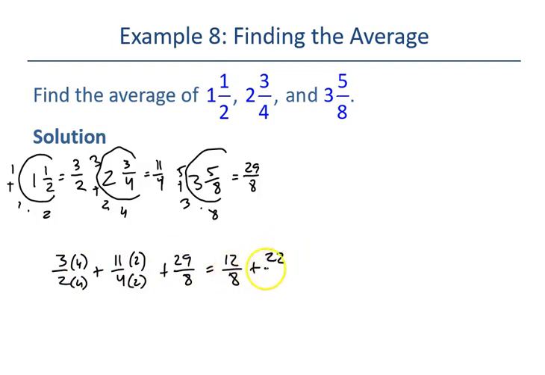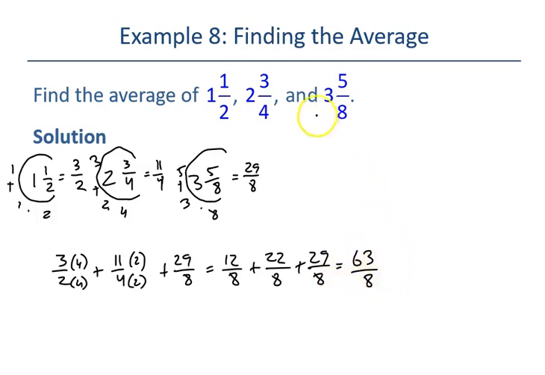Plus, we've got 22 over 8, and then we've got 29 all over 8. When we do all the math of this, we're going to end up getting 63 over 8, which is just fine. I wanted an improper fraction by the end of this.